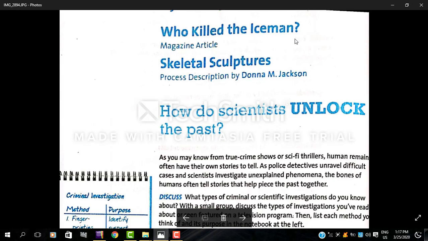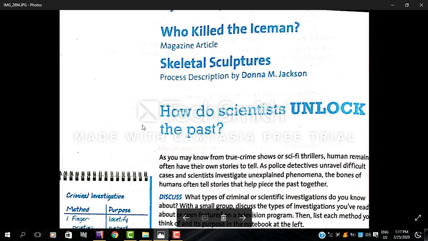Remember, if I ask you what kind of text this is, you will find it is a magazine article, like a piece of writing you find in a magazine or newspaper. This is the selection we are going to read, and there is another selection we are going to continue reading connected to this one, which is Skeletal Sculptures, after we finish our first story, Who Killed the Iceman.